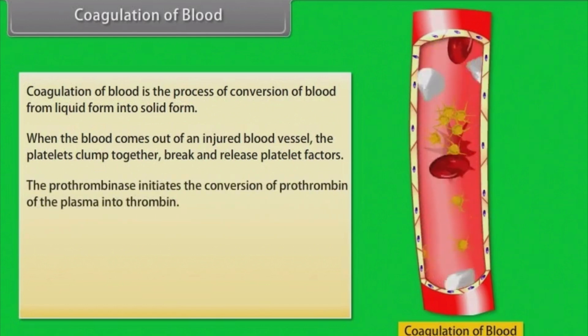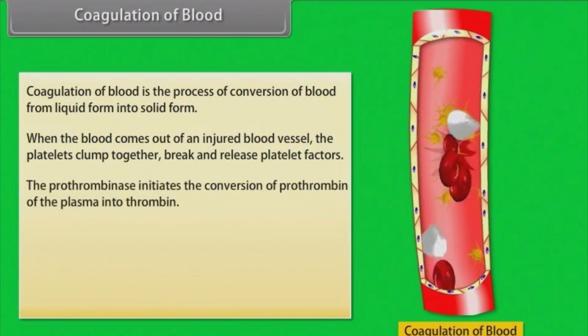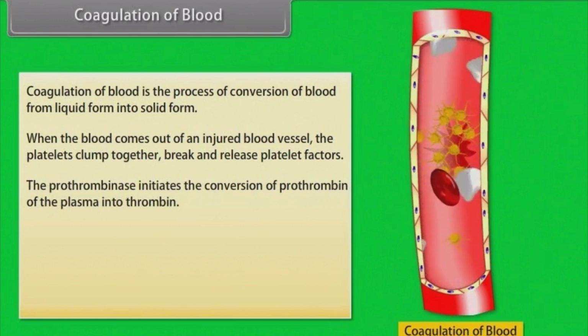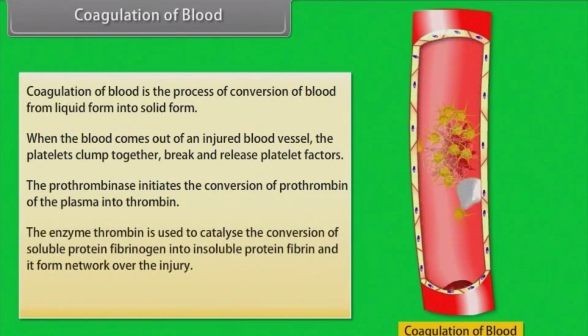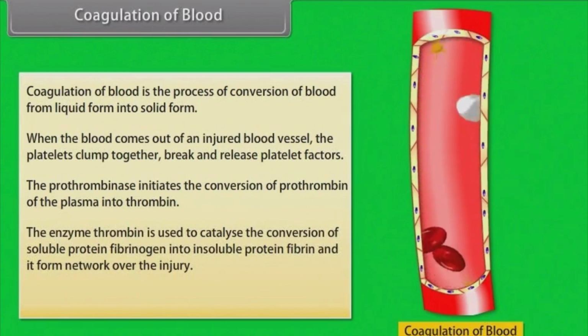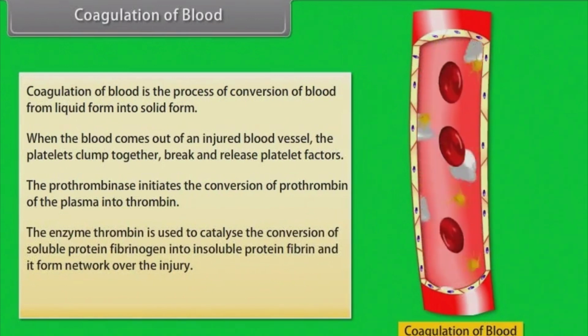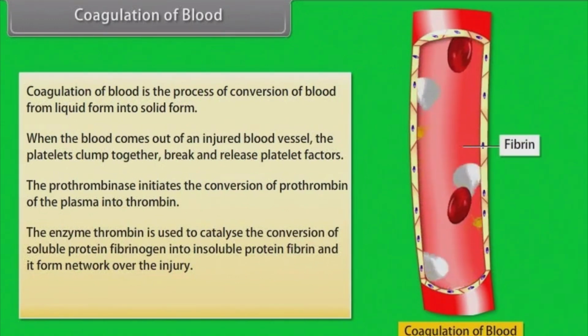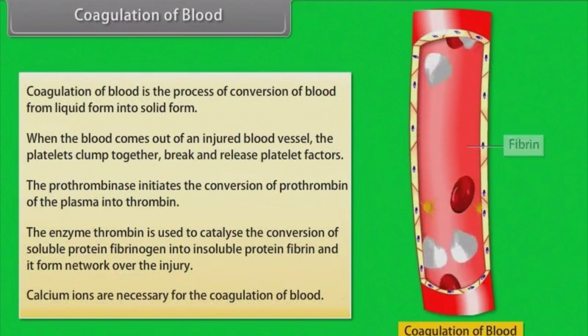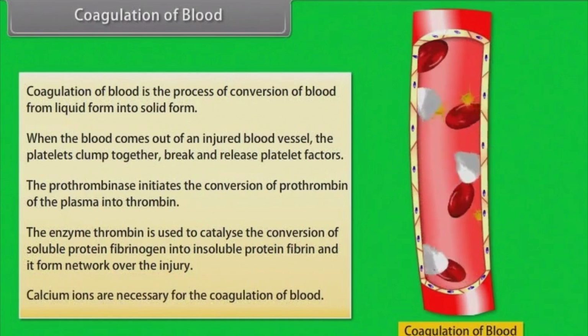The prothrombinase initiates the conversion of prothrombin of the plasma into thrombin. The enzyme thrombin catalyzes the conversion of soluble protein fibrinogen into insoluble protein fibrin, and it forms a network over the injury. Calcium ions are necessary for the coagulation of blood.